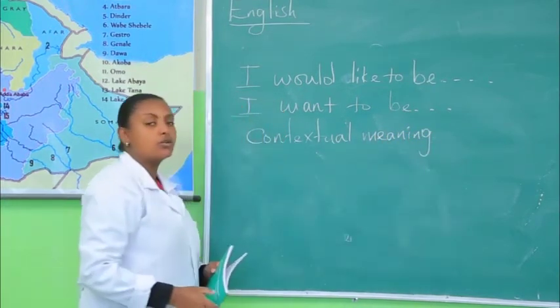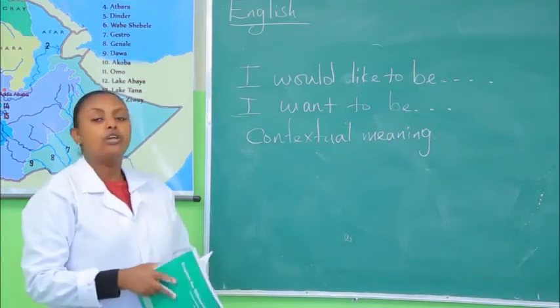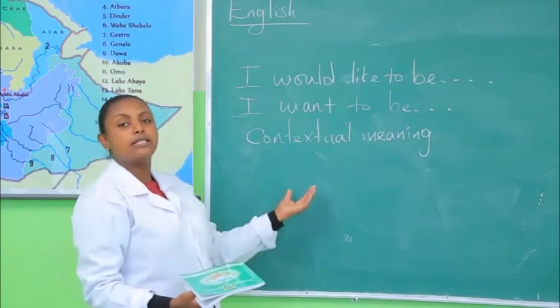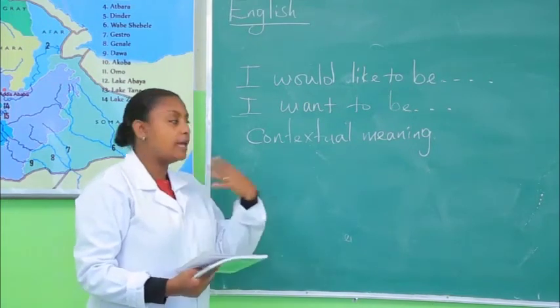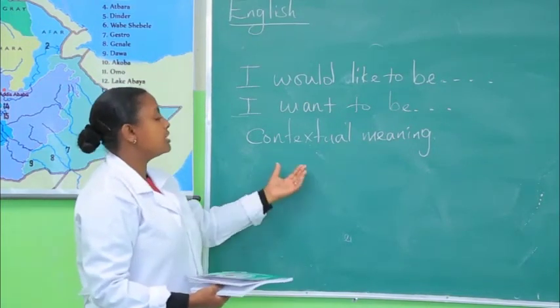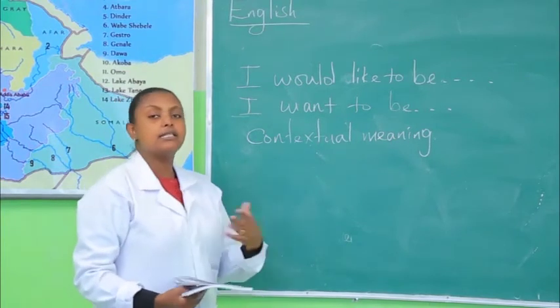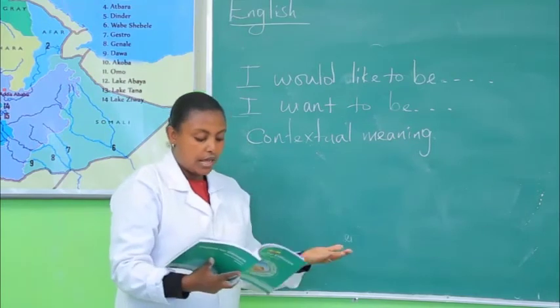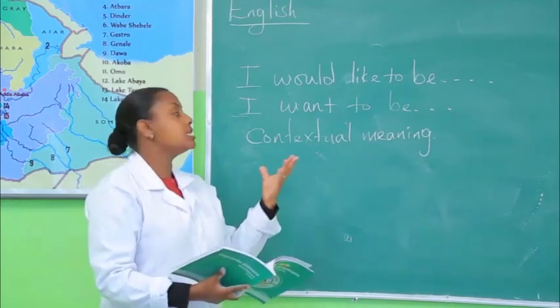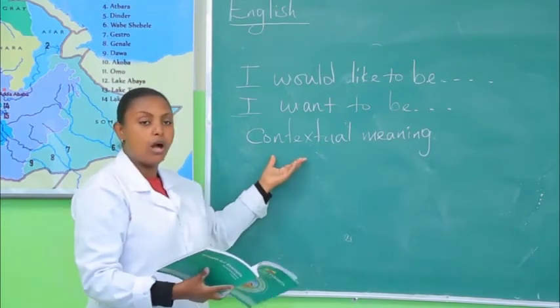When you read a passage or something like a book, you don't have to go to the dictionary and search the word again and again. The strategy that you can use is to guess the meaning from the context. So here there are words like aim, target, suffering. These words are new for you, I know.